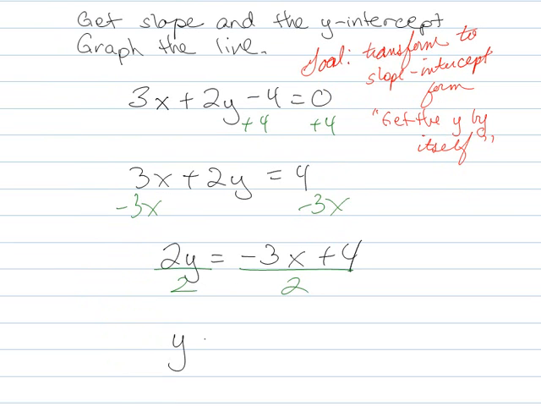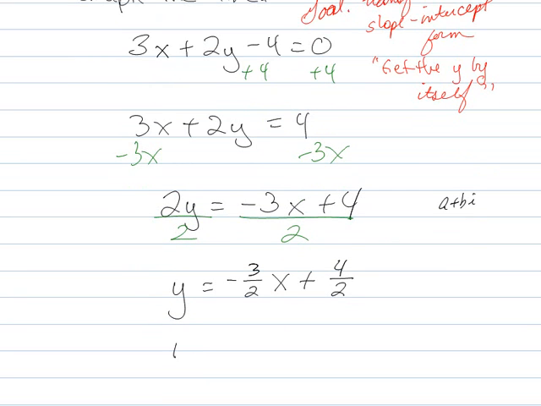So we'll get y equals, now we need to separate this out into two bits, just like we did for the complex numbers. Remember the a plus bi, so sometimes we have to separate things out. We're going to do the same thing here. So we're going to end up with negative 3 halves x plus 4 over 2. If you want to write it out like that, or you can directly simplify it and get y equals negative 3 halves x plus 2.